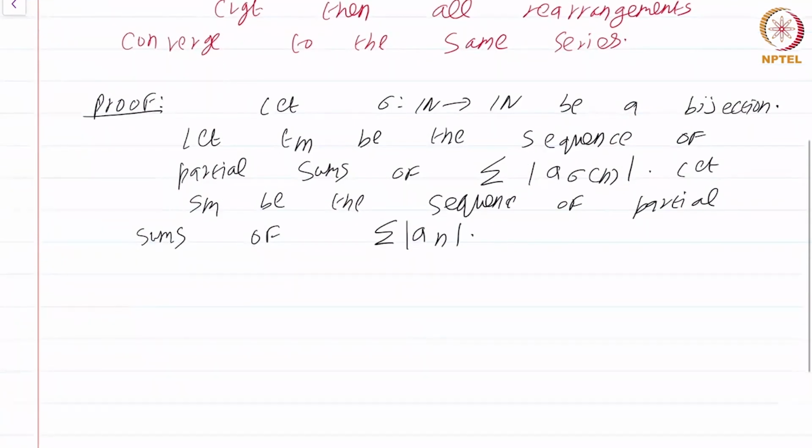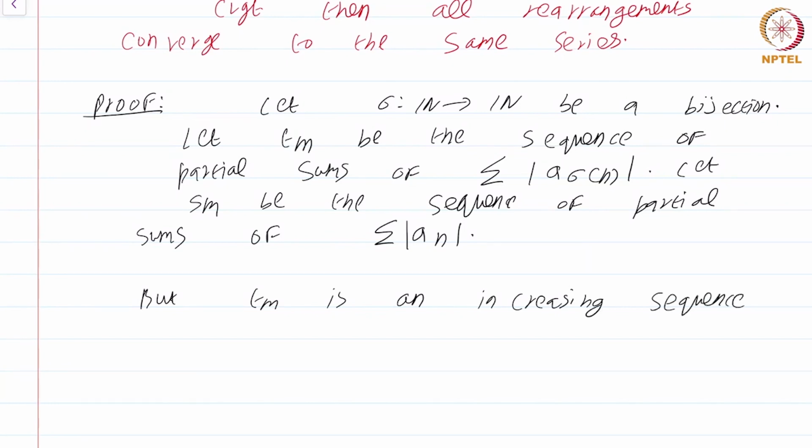Okay, we have to now show that Tm in fact is convergent, but Tm is an increasing sequence, right? Simply because at each stage you're just going to add a non-negative term to it, and Sm is bounded above.